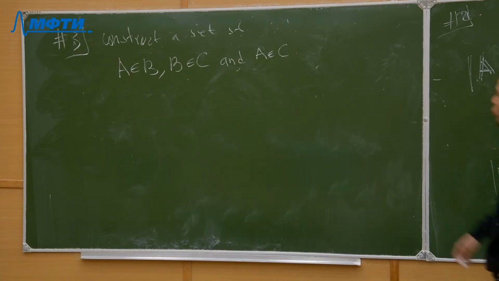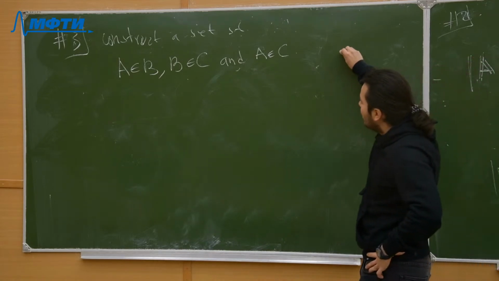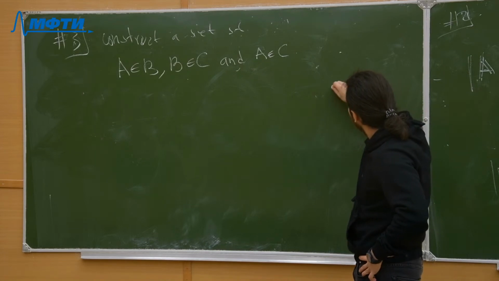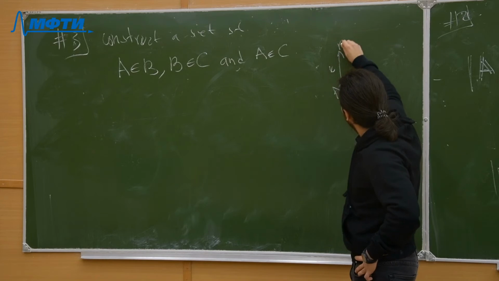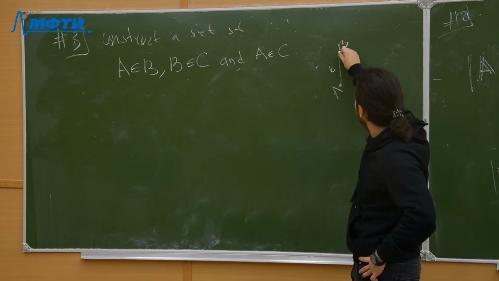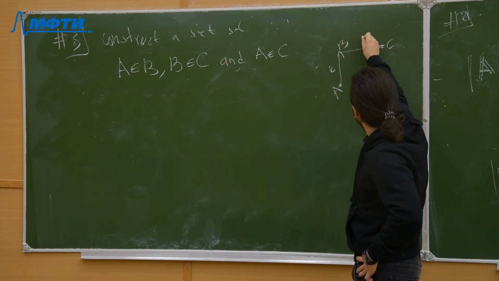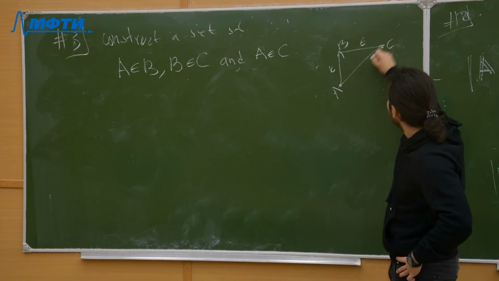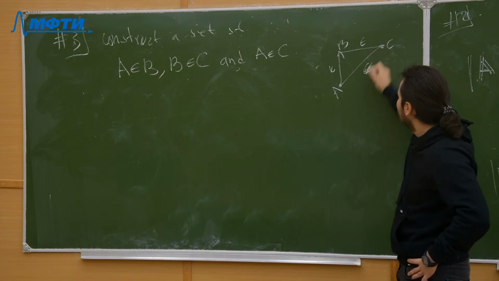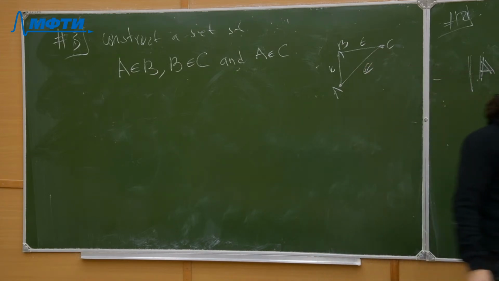So look, we can draw something here. So we have that A belongs to B, and then B belongs to C, right? And A belongs to C, right? So this is not possible.